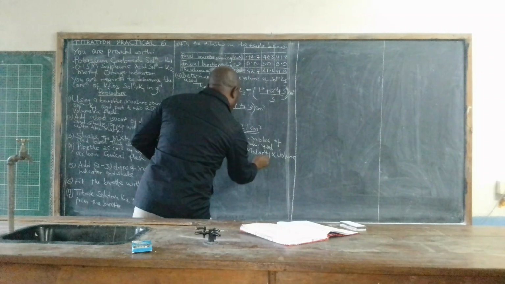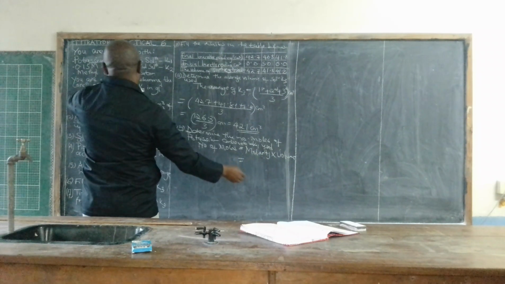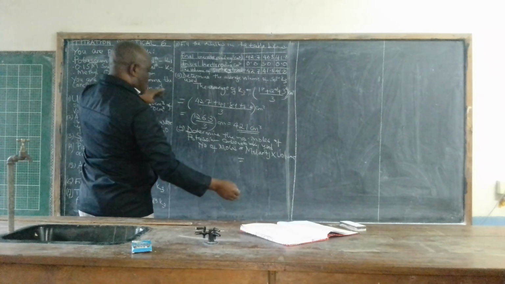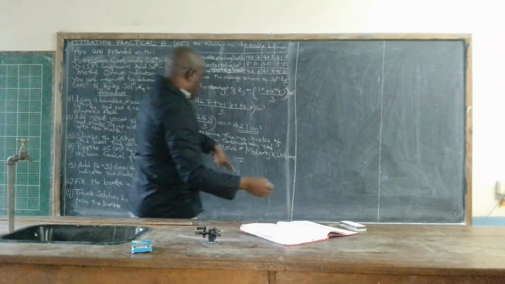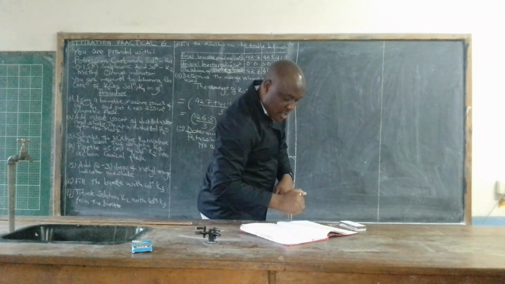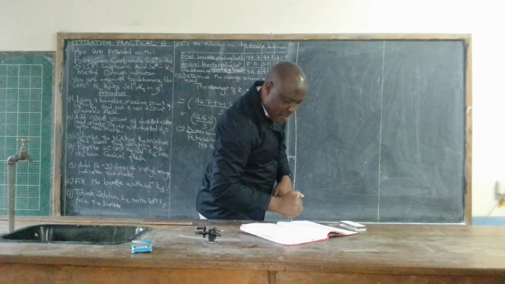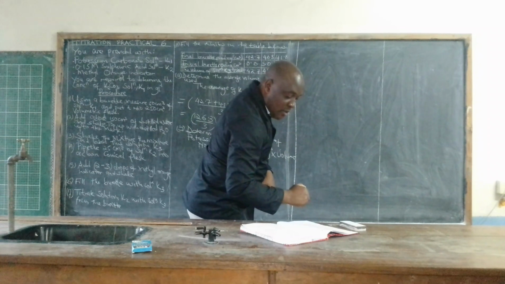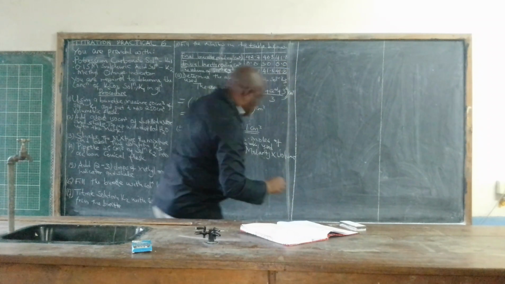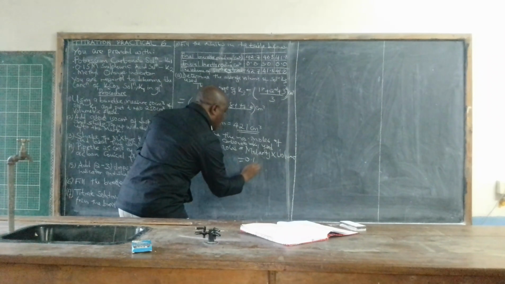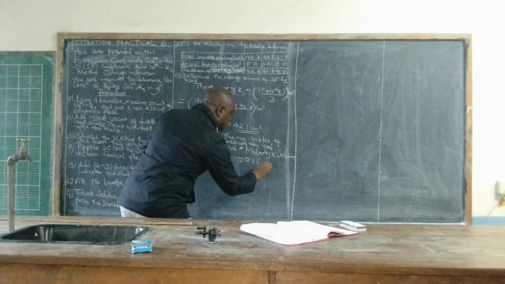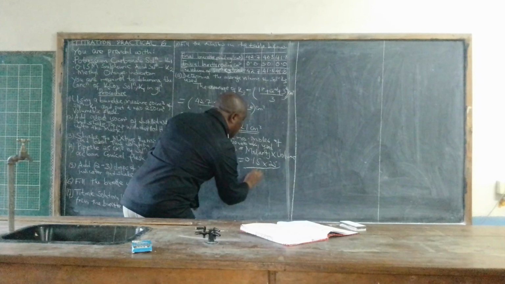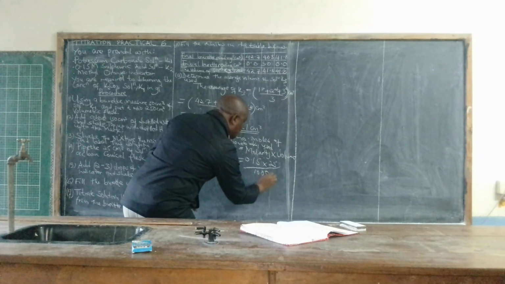The molarity of sulfuric acid is 0.15, times the volume, it is 25 over 1,000.